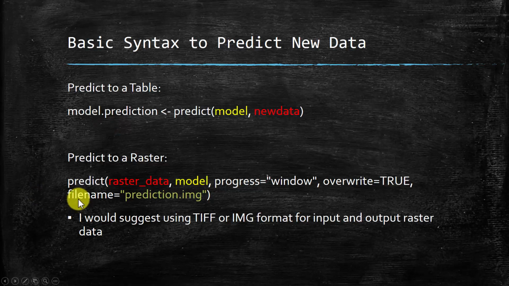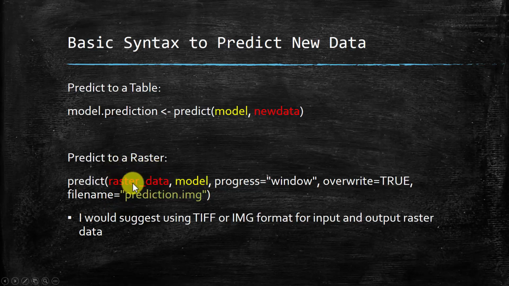Since in this course we're very interested in trying to predict not just to tables, but to spatial data, there are also methods for predicting not to a table, but to something spatial. Here's an example of how you would predict out to a raster object. The first input here is the raster object, that's red.